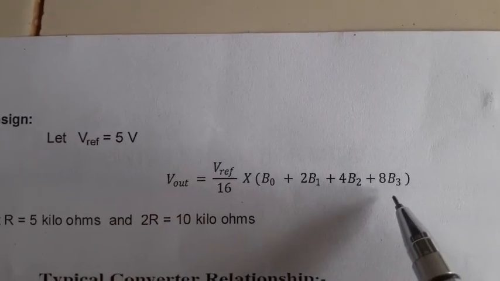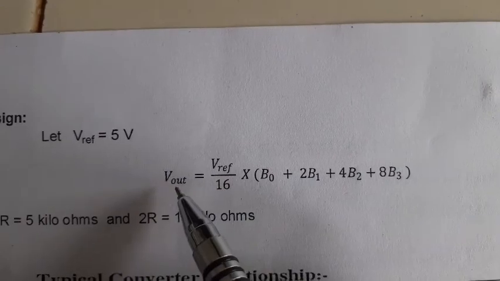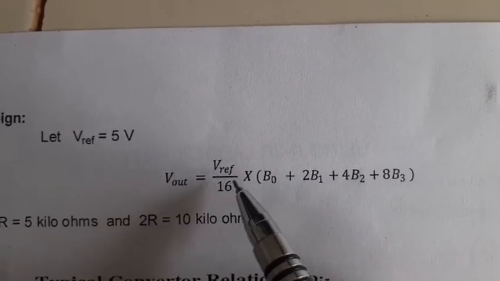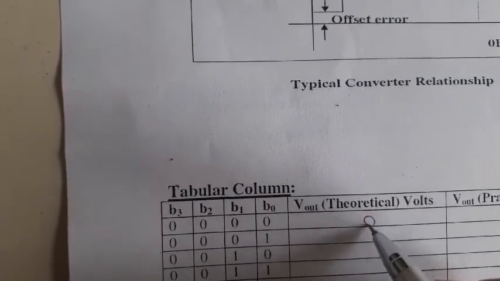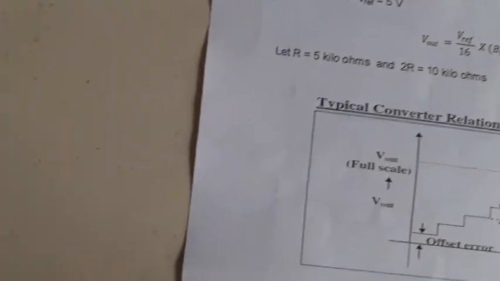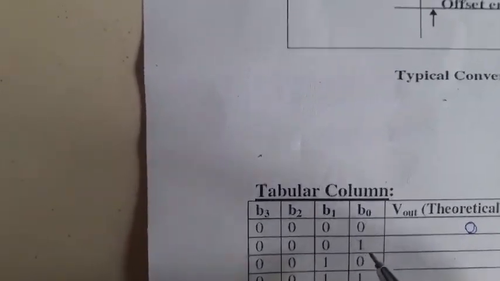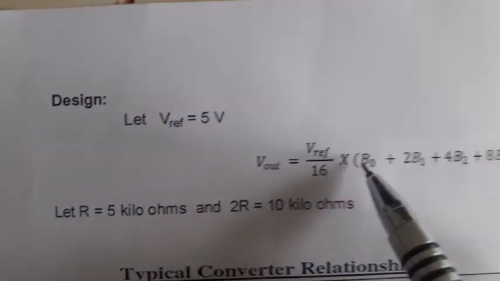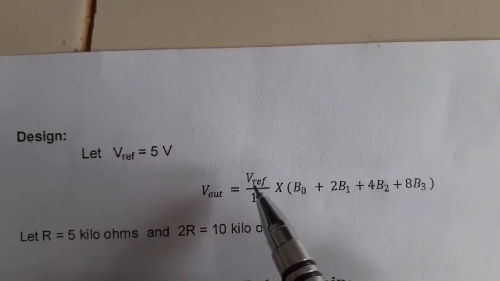If you substitute B0, B1, B2, B3 here, you will obtain Vout equal to 0. So the first value is 0. Next, 0, 0, 0, 1 means B0 is 1. Here in this equation, B0 becomes 1.